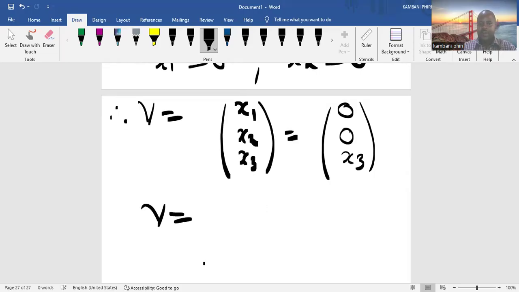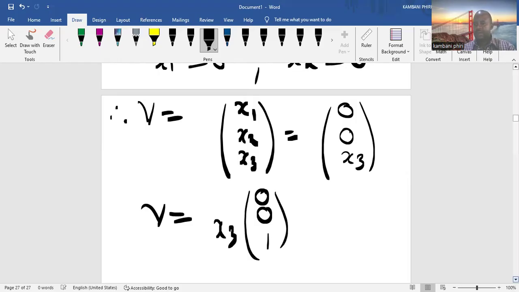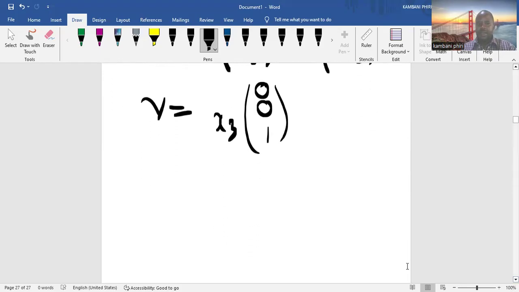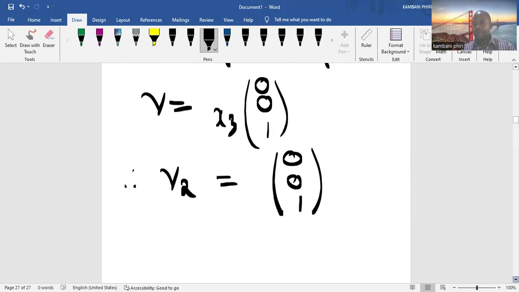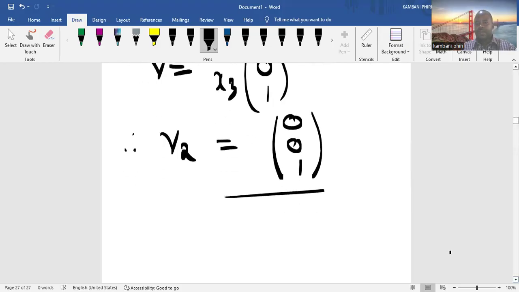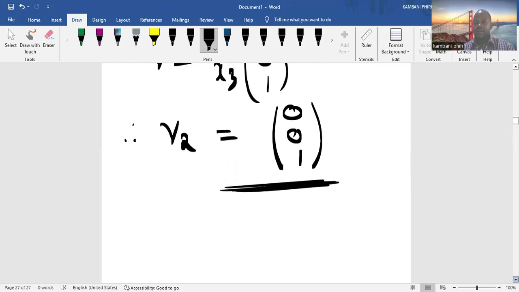So v is equal to 0, 0, 1, if we take out the x3. Therefore, our v2 is equal to 0, 0, 1. This is our eigenvector.